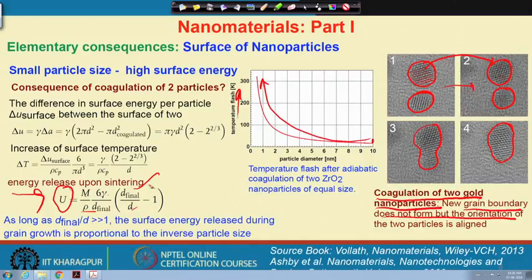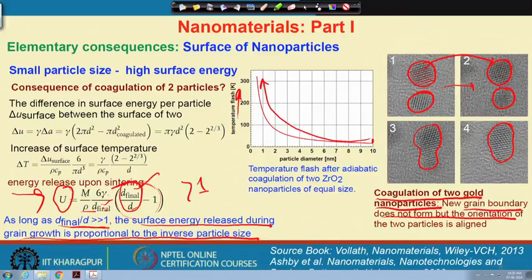This d final by d must be greater than 1, and here I will have some value. So, as long as d final by d is greater than 1, the surface energy released during the grain growth is proportional to the inverse of the particle size.